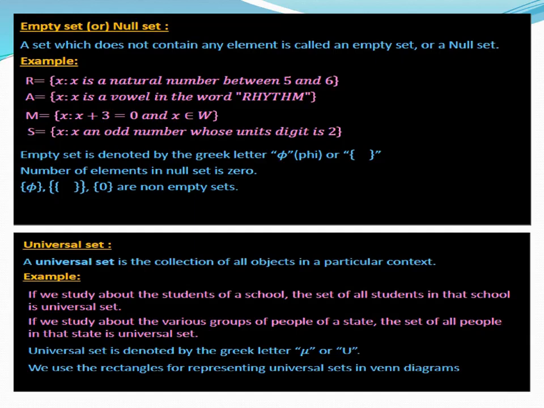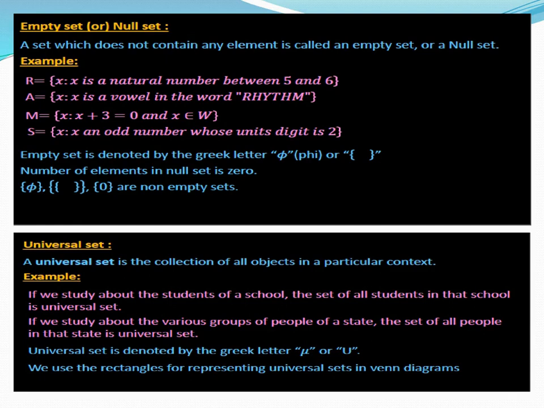Next, universal set. A universal set is the collection of all objects in a particular context. Example, if we study about the students of a school, the set of all students in that school is universal set. And second one, if we study about the various groups of people of a state, the set of all people in that state is universal set.